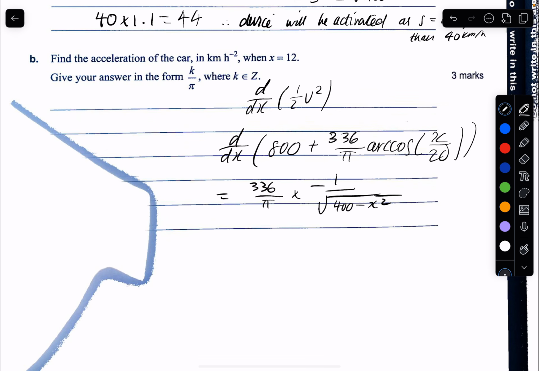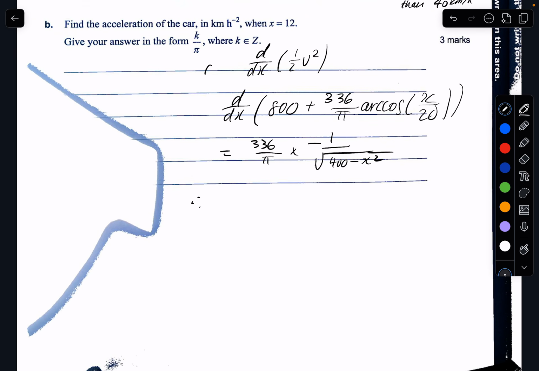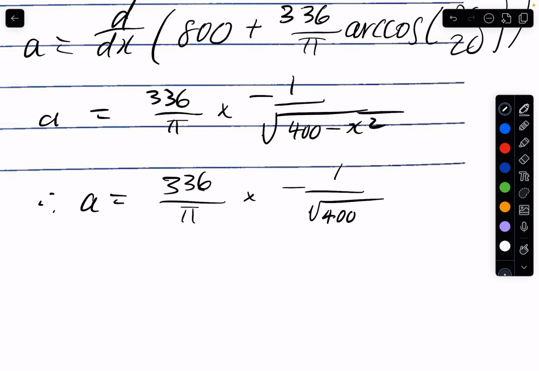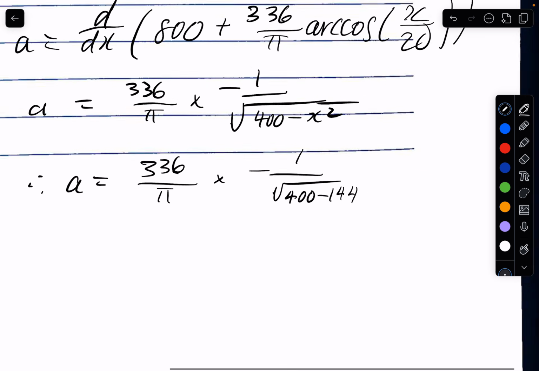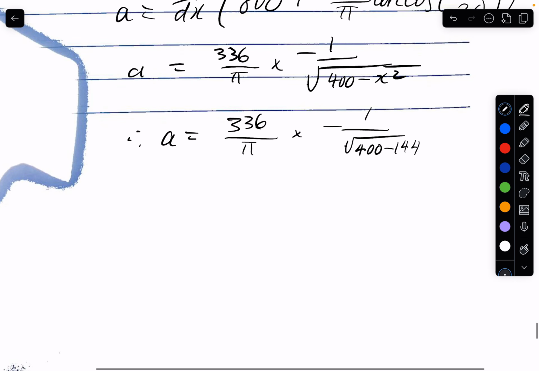The acceleration of the car when x is 12: (336) on pi times -1 on square root of 400 minus 144, which is 336 times -1 on square root.